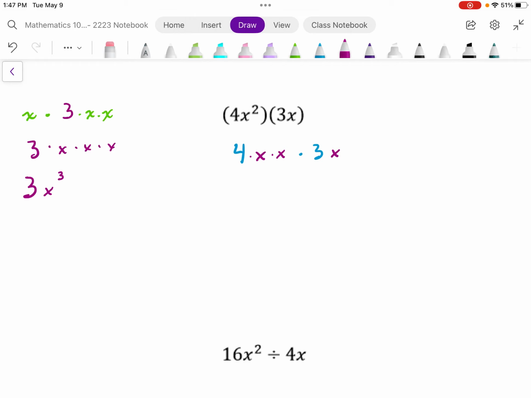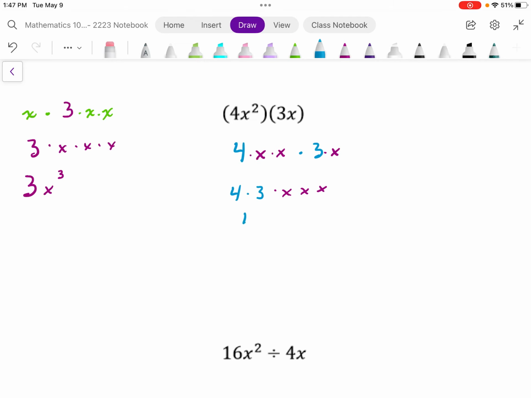So I have 4 times x times x times 3 times x, and with multiplication we get to mix up the order. So I'm just going to group the coefficients beside each other. I'm going to regroup all of the variables beside each other. So 4 times 3 in the blue is 12. x times x times x is x to the power of 3.